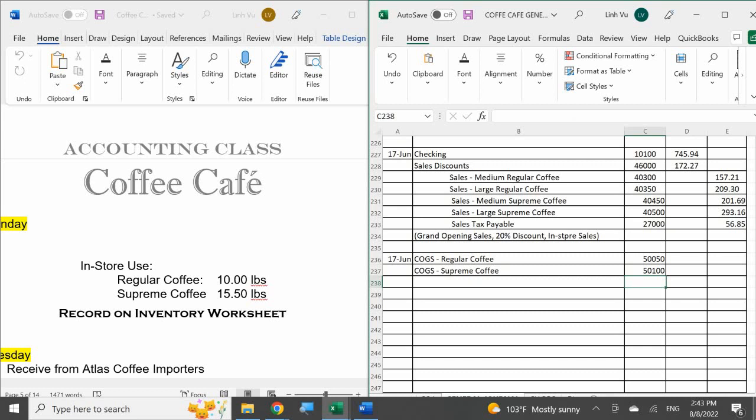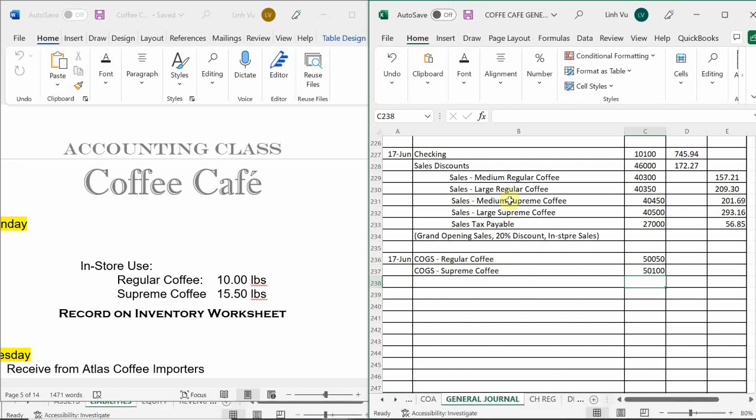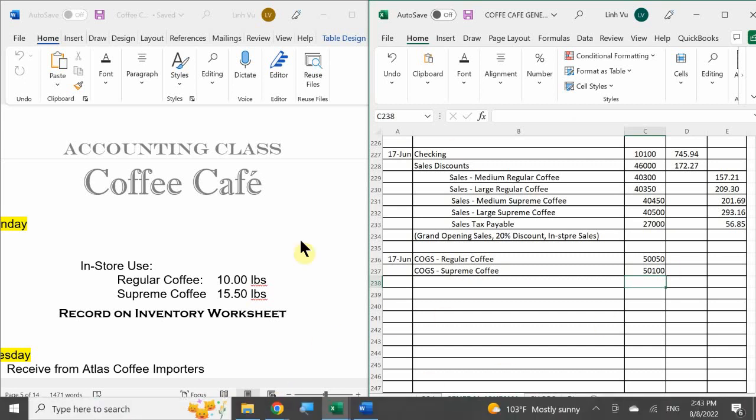What would be my credit? Where am I going to be taking these cost of goods sold for my Supreme coffee out from? What account? Inventory. Good. So in this case, I'm going to be taking it directly out from my regular coffee inventory account and my Supreme coffee inventory account. Excellent.